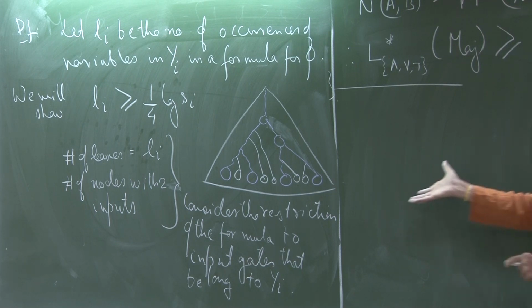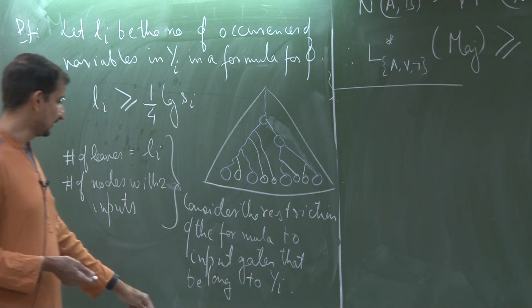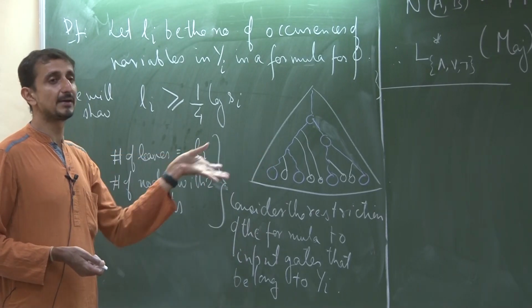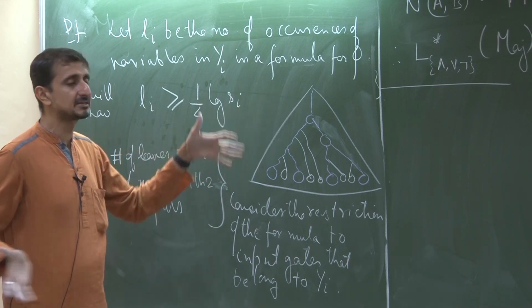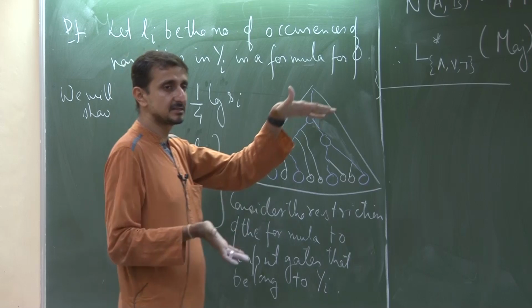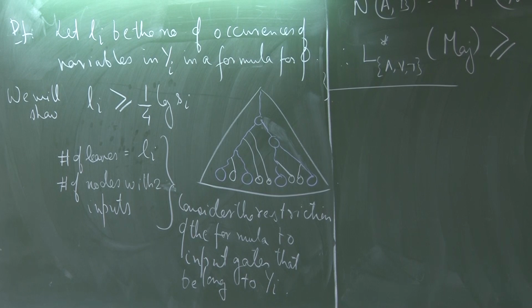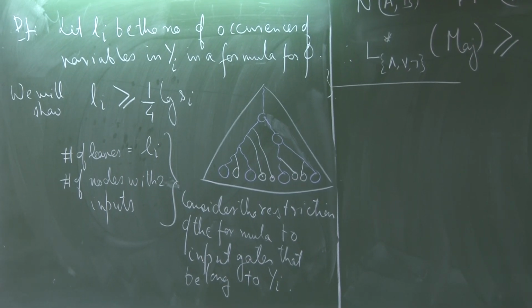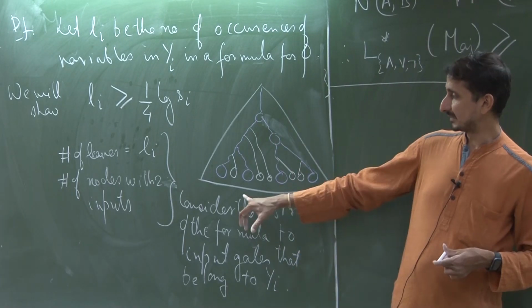You can go back and look at this. This is from the theory of binary trees. The number of nodes of in degree 2 will be Li minus 1. One way to look at it is that if you compress all these paths and make it into a binary tree, that is, every node has in degree either 0 or 2, then the number of internal nodes is Li minus 1, one less than the number of leaves.